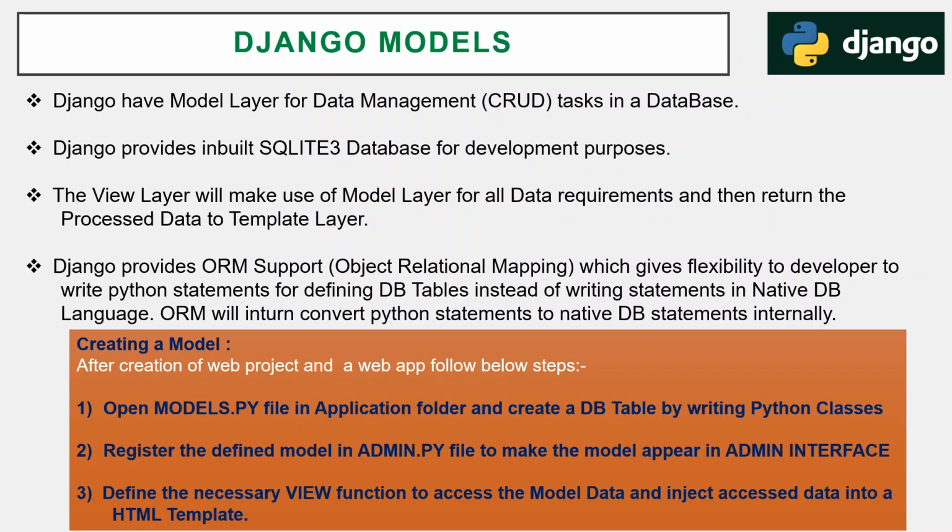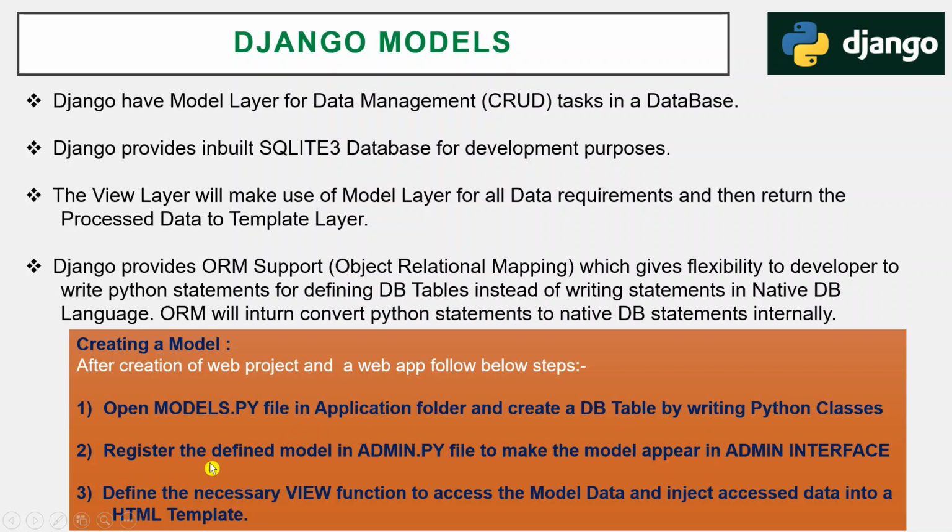A table consists of rows and columns. Table means a data frame, the data which is systematically arranged in the form of columns and rows. All those table structures will be defined by using Python classes, right?